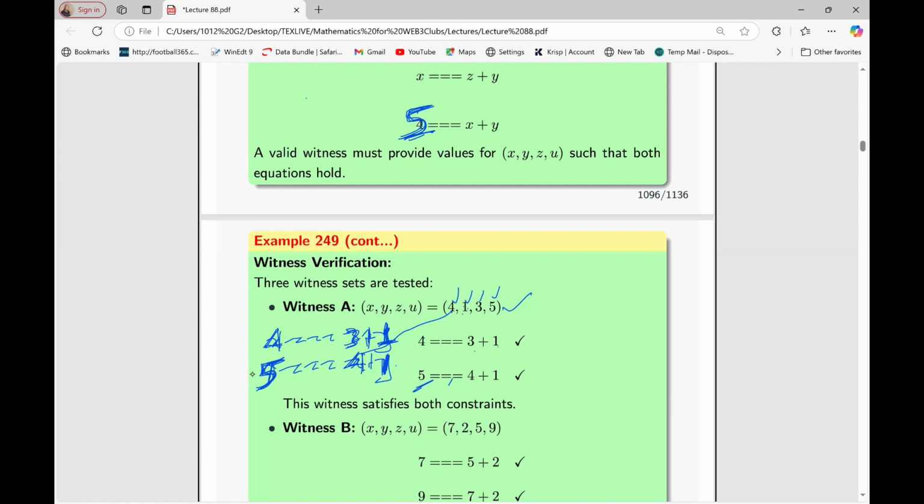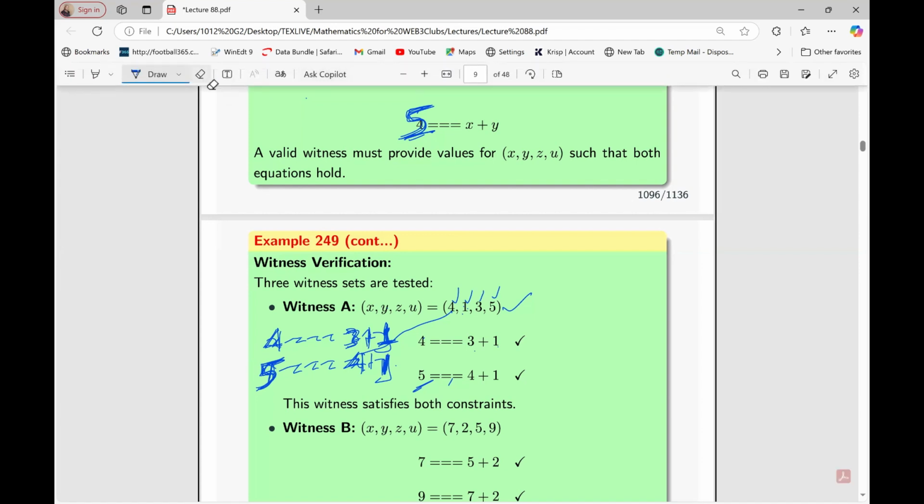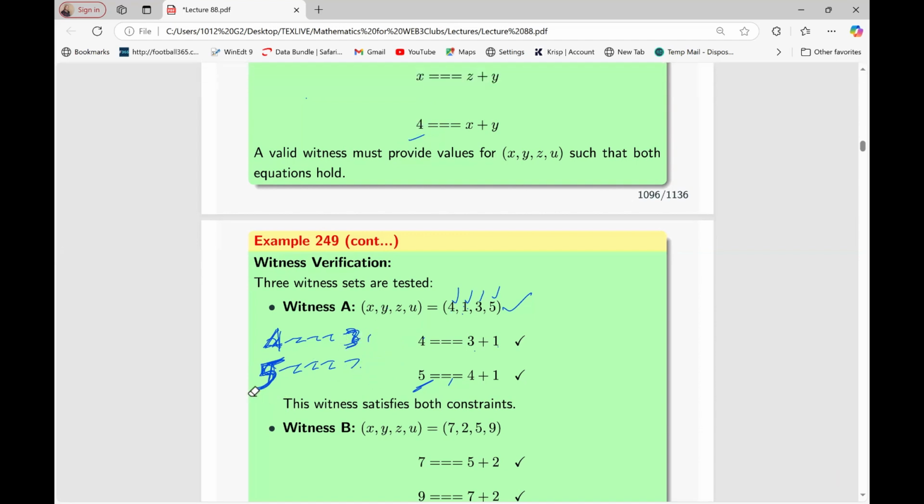So you can see it's true that 5 equals 4 plus 1. So that witness is correct. You may again want to ask him to provide another witness, but the first witness has satisfied both constraints.